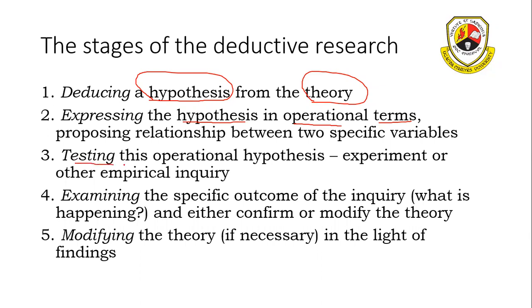That means you actually go to the field, you implement, and then you experiment. You carry out an experiment, or you carry out another empirical research. If it's not an experiment, you'd put the system in the context, you allow people to use it for a period, and then you come back and ask them their opinions. Then you examine the outcomes of the inquiry. That means your inquiry may lead to other things.